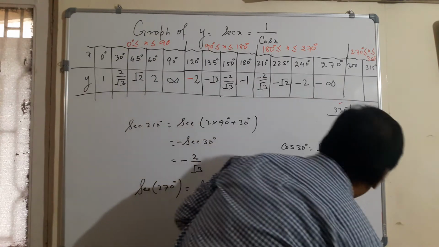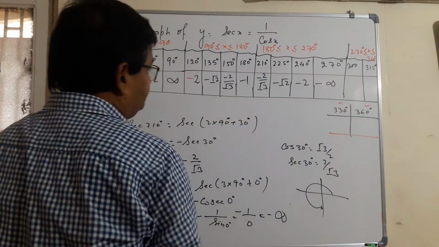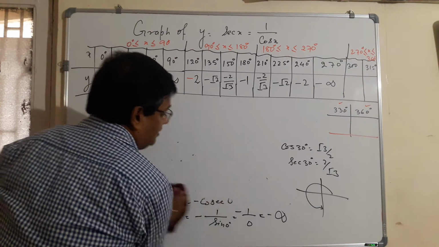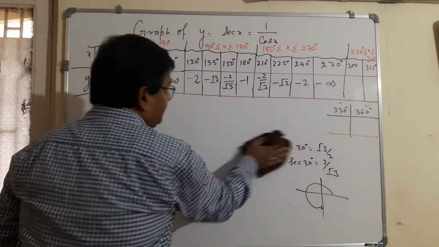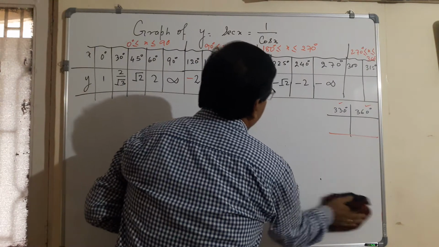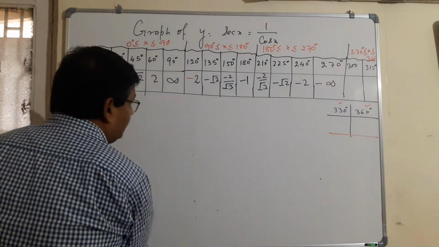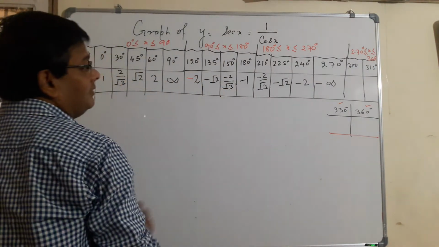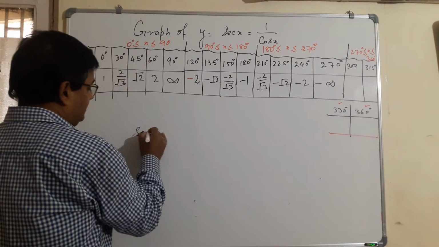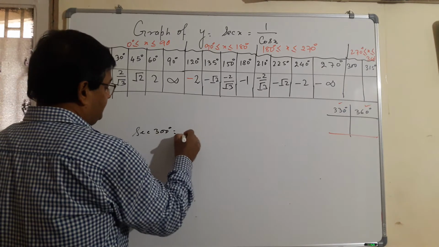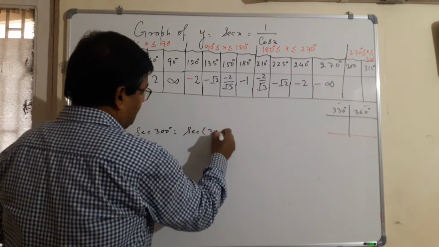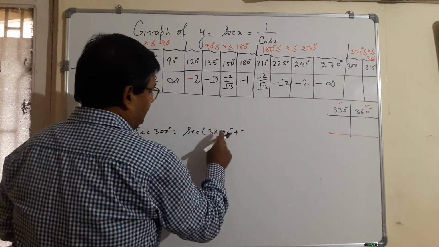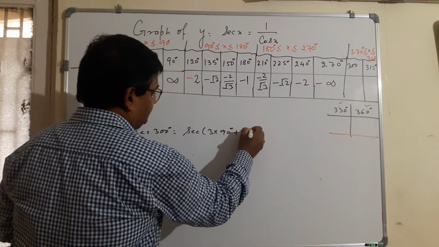Now sec 300 degree. 300 degree lies in the fourth quadrant, and in the fourth quadrant sec is positive. So sec 300 degree means sec 3 into 90, that is 270, plus 30 degree.